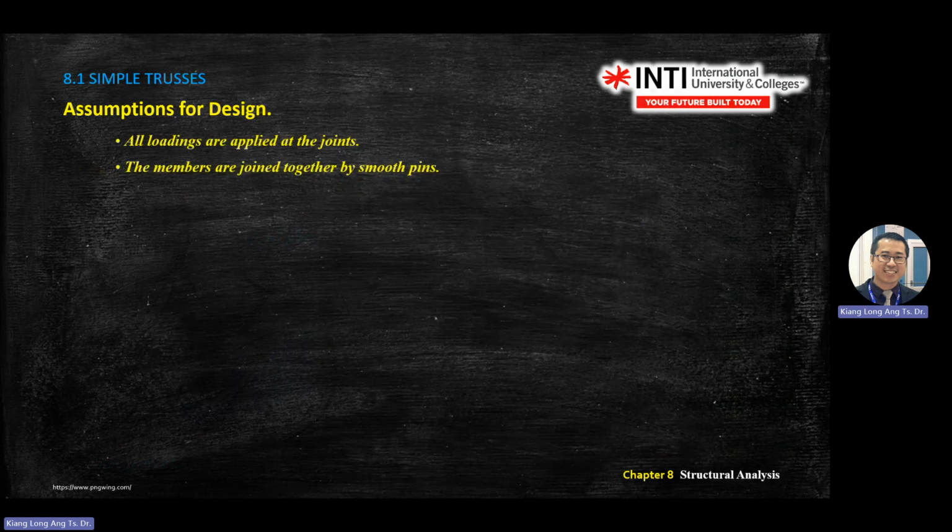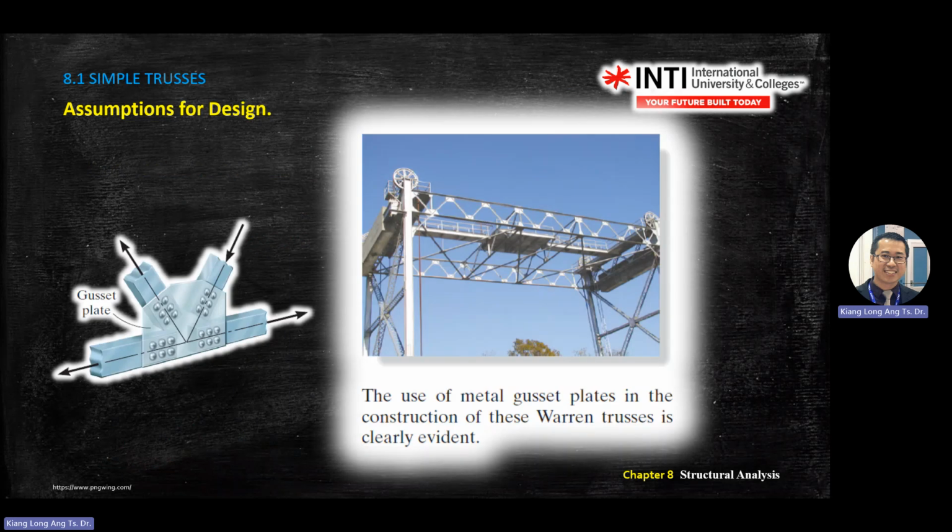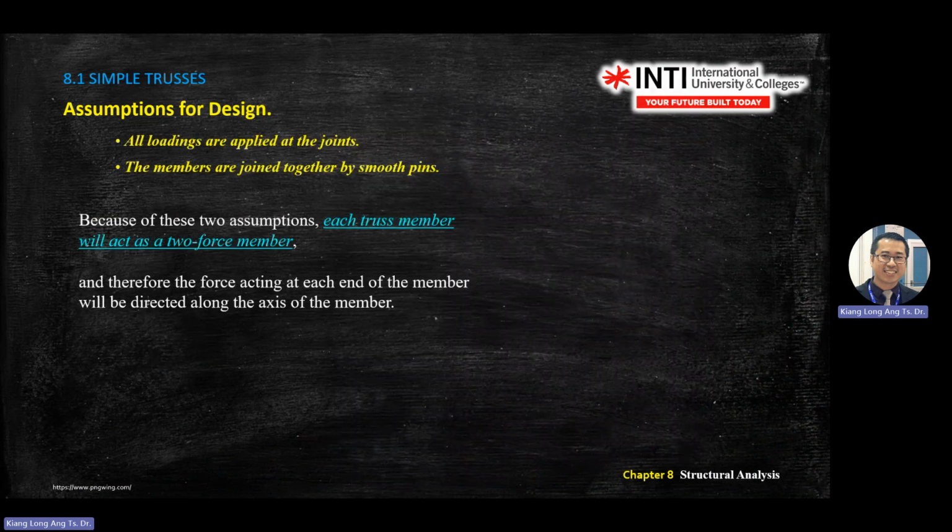So these are metal gaskets, but gaskets in normal applications. Because of these two assumptions in our analysis, we will treat each truss member as a two force member. What I mean by two force member is that the force can transfer in a straight line.